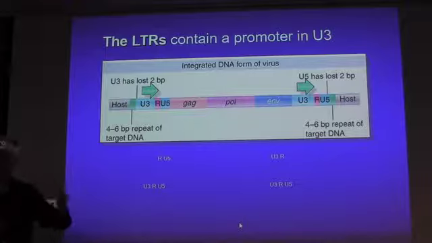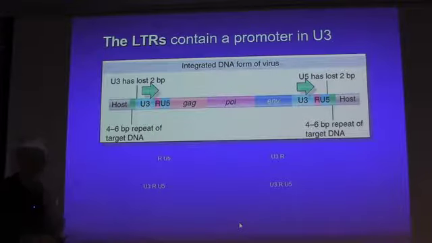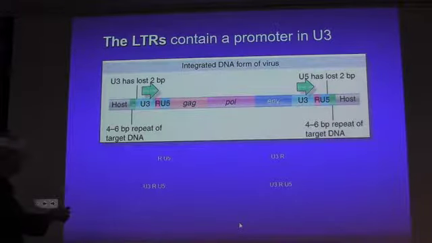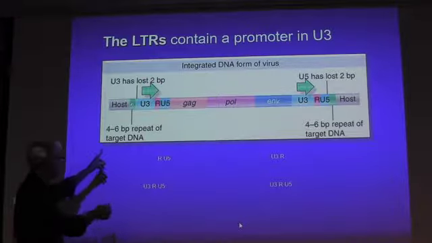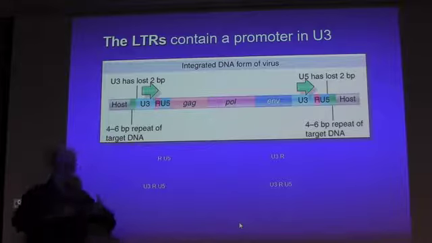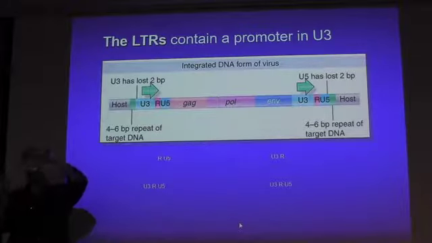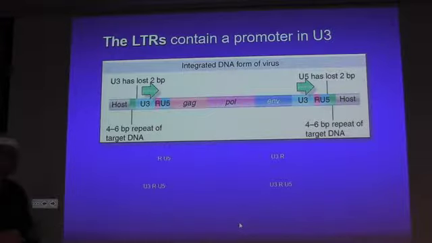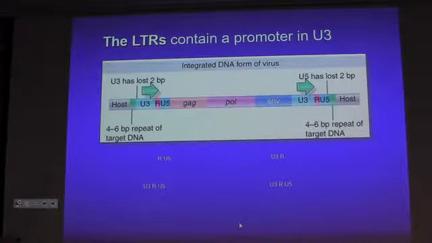Repair of that staggered cut, because you do it for each strand, ends up repeating the portion of the cut that is offset. As you repair that offset on each side, you end up repeating something that was not repeated before. So this is a familiar transposon action.